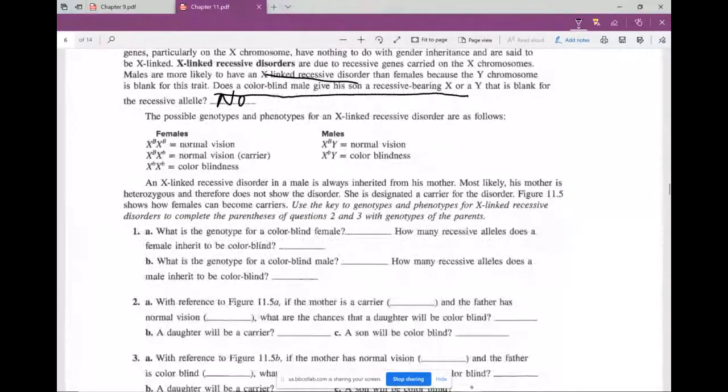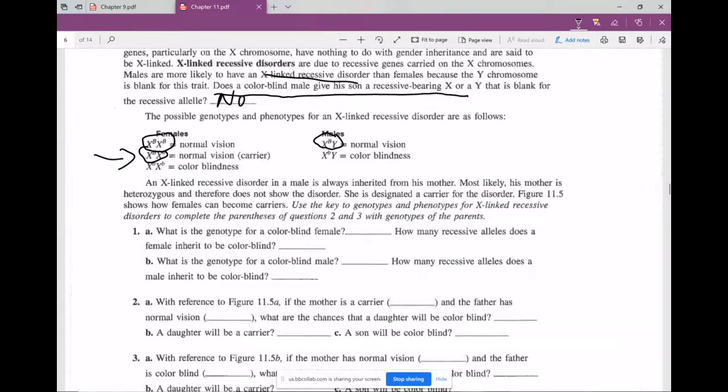All right, so here is our key that we're going to use. You can be homozygous dominant for normal vision, or heterozygous for normal vision. And for males, of course, if you inherit one of the normal X chromosomes, you have normal vision.